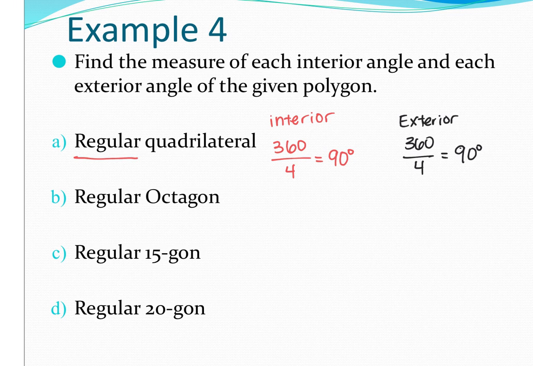An octagon, a regular octagon. Well, how many sides is an octagon? 8. So we're going to do 8 minus 2 times 180 over what? 8. 8 minus 2 is going to be 6 times 180 divided by 8.